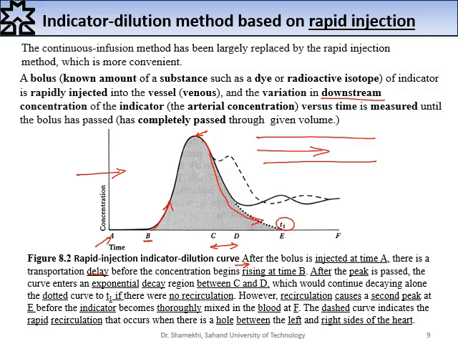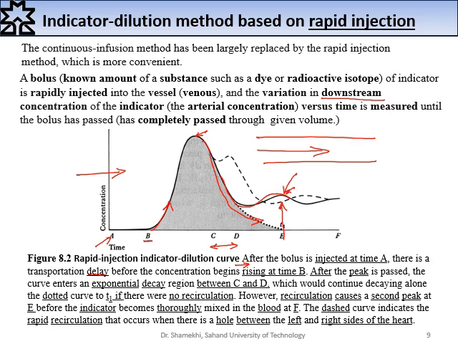If we have recirculation here, we have a second peak at E, as you can see here in this situation.